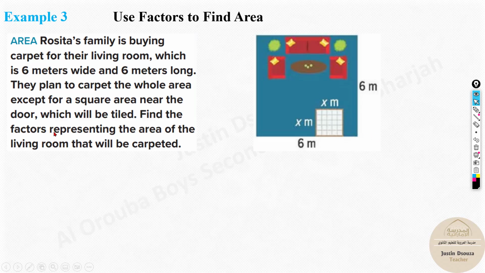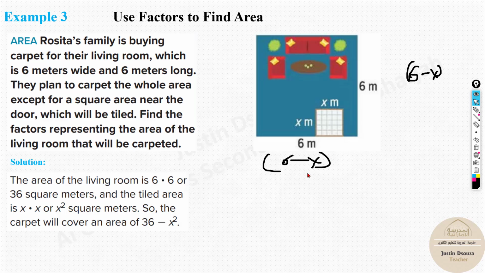Find the factors representing the area of the living room that will be carpeted. So here you need to find the sides first. Is it the full 6? No, it is 6 minus x, isn't it? Here also 6 minus x. So the factors of the area are 6 minus x, 6 minus x.